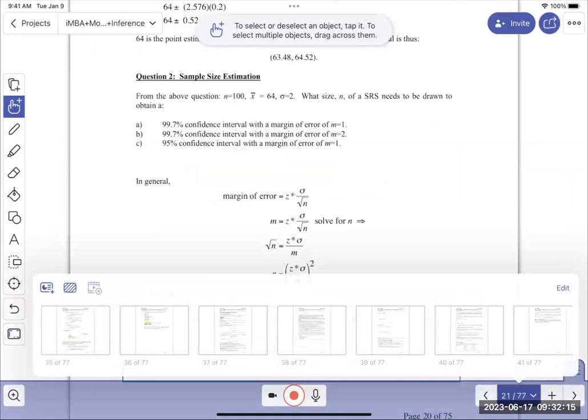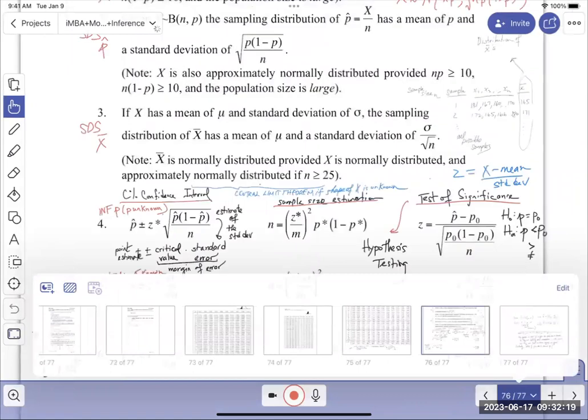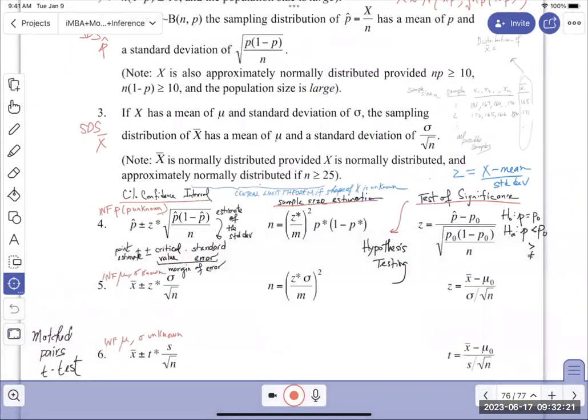All right, so we're done with this, let me position us. Okay, so we've done a discussion of this. The next column is sample size estimation. Now, if you wanted to know the right sample size to collect in order to get a certain level of confidence with a certain margin of error, given a standard deviation, this is how you compute it.